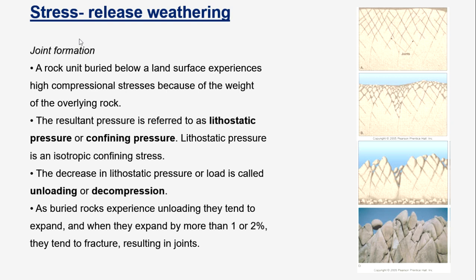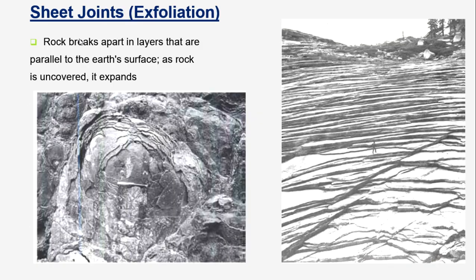This results in the expansion of rock and the stress will be released, and subsequently this will result in the breaking of the rock into small pieces, and this process of crack formation is generally also known as sheeting. So this is generally where the upper stress is removed, resulting in the formation of small fragments, and thus we call it stress release weathering.